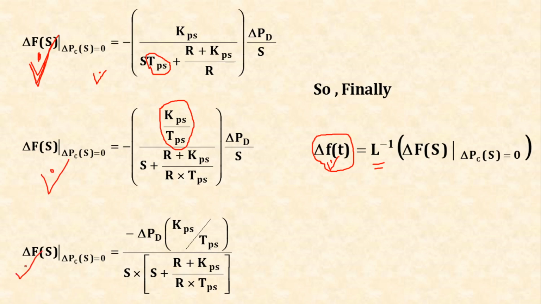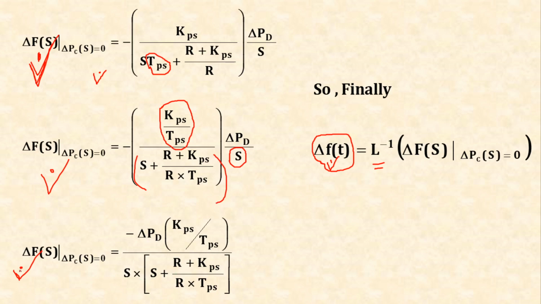So I can rearrange the sum of the terms and it will look like this. This delta PD I will multiply with Kps upon Tps. So the numerator becomes minus delta PD Kps upon Tps. Again this s I will write near about this term. So the denominator will be s into s plus R plus Kps upon R into Tps.